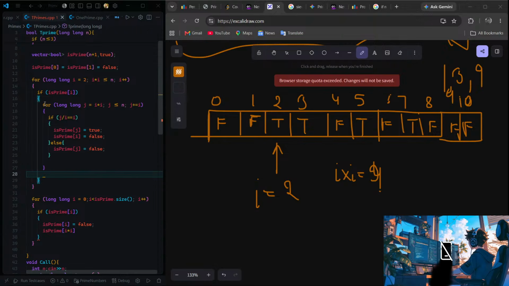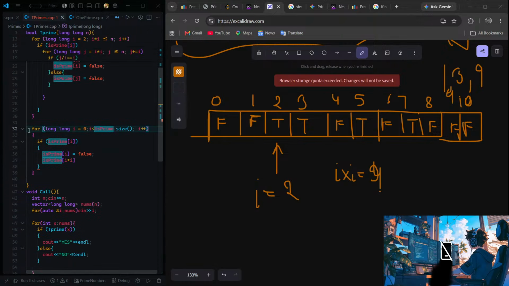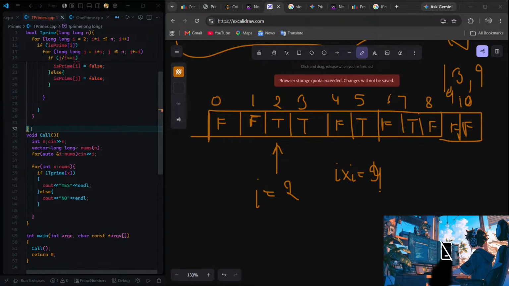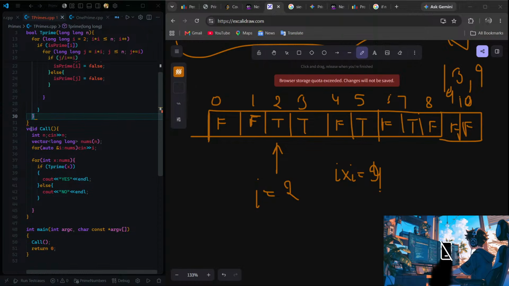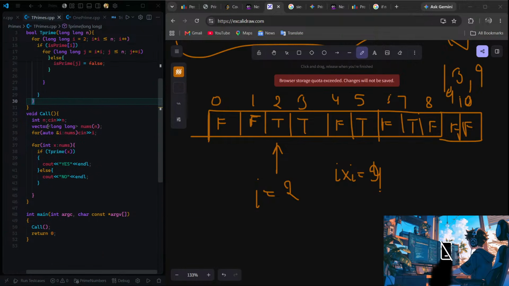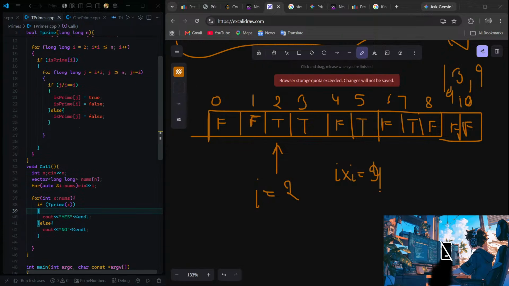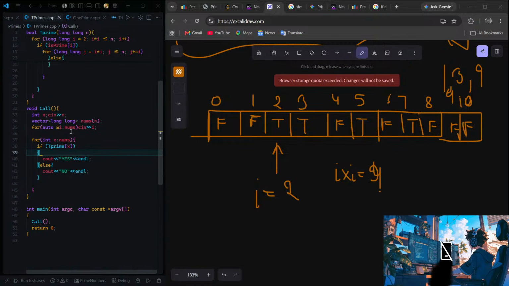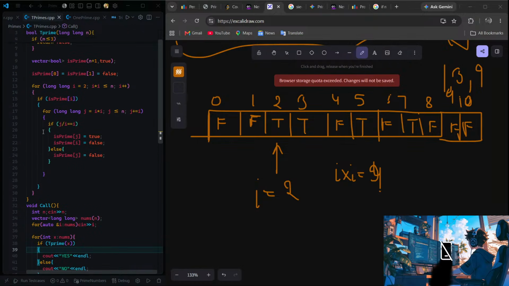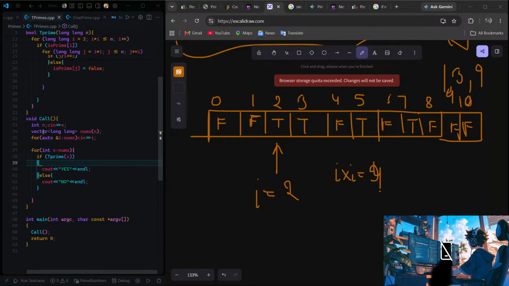So let's try if this code will work or not, I don't know. Every time I call this function, the real problem is that this loop will run every time. So this will run n log n time, and this will run n times.